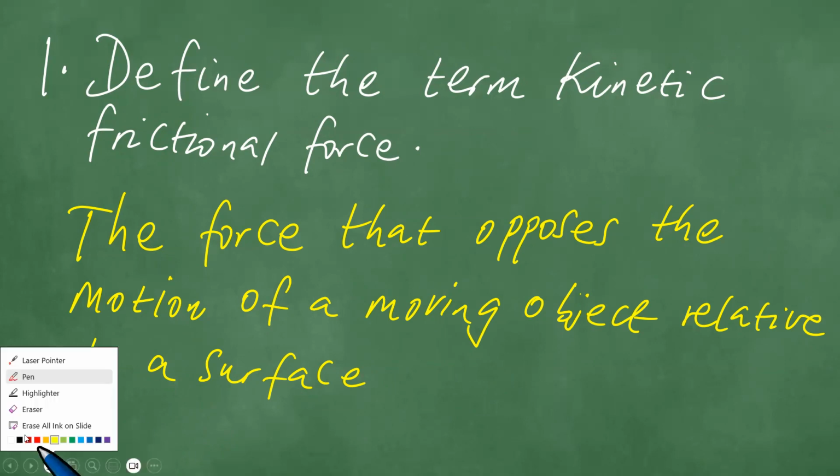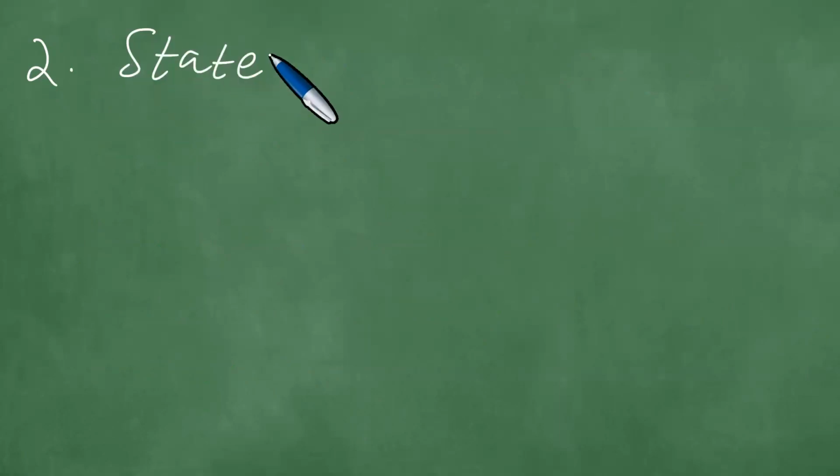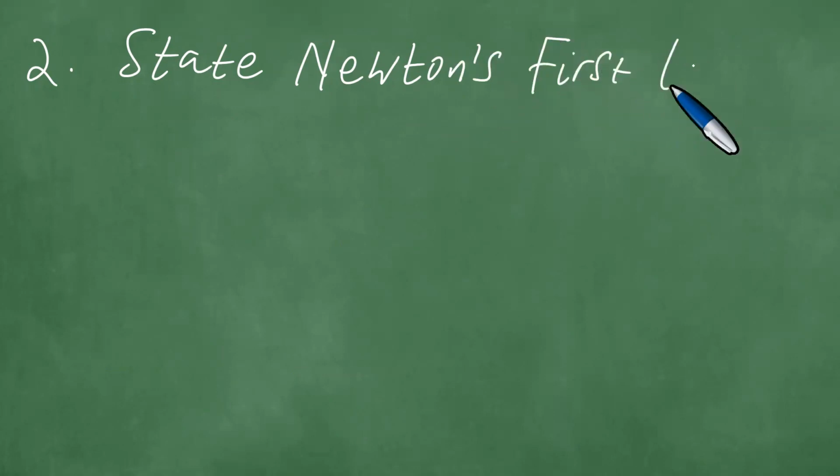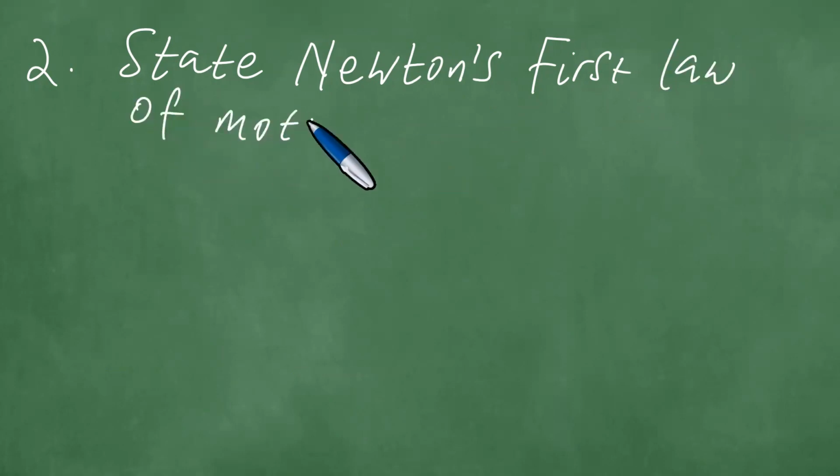Number 2. We must learn some of these things we're going to use to do the calculations. Students must be able to state Newton's first law of motion in words.